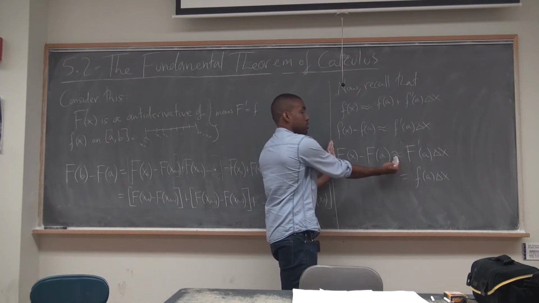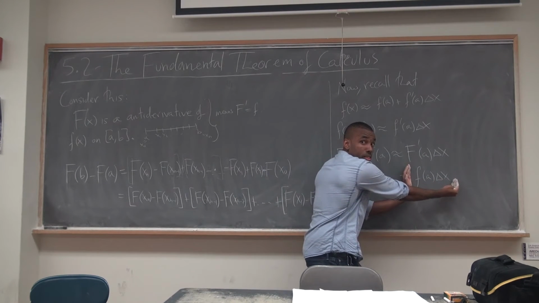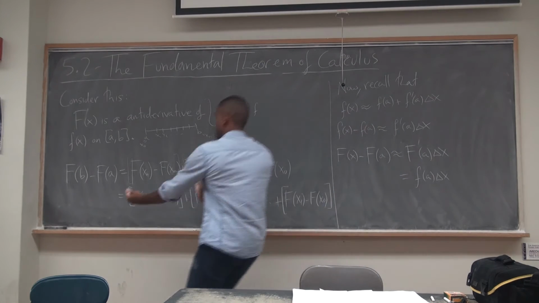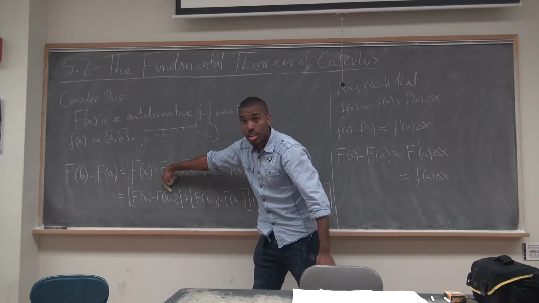And so if I have a subtraction of big F's, I can write it as this. Here, I have a bunch of subtractions of big F. Think of this as the x and the a.